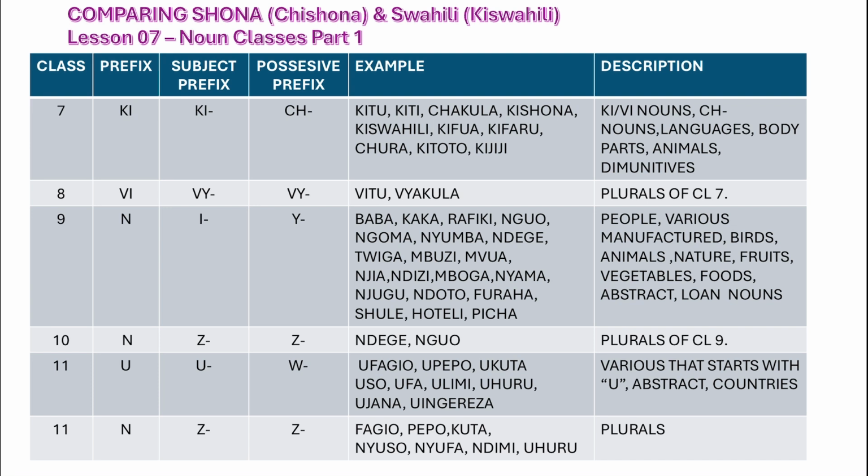Class 9 and 10. These are people, various manufactured items, birds, animals, nature, fruits, vegetables and foods, and abstract nouns and also loan words. For example, baba, father, kaka, brother, rafiki, friend.